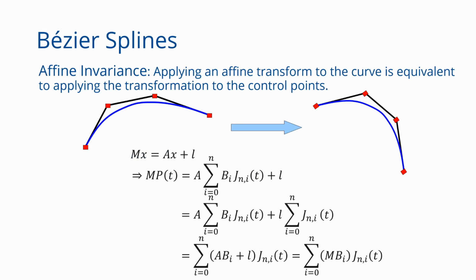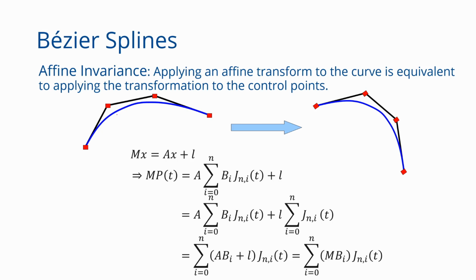Then a very important property of the Bezier curve is that applying an affine transform to the curve, and by now you should all know what affine transforms are, is equivalent to applying the affine transform to the control polygon and then generating the curve from the transformed control polygon.